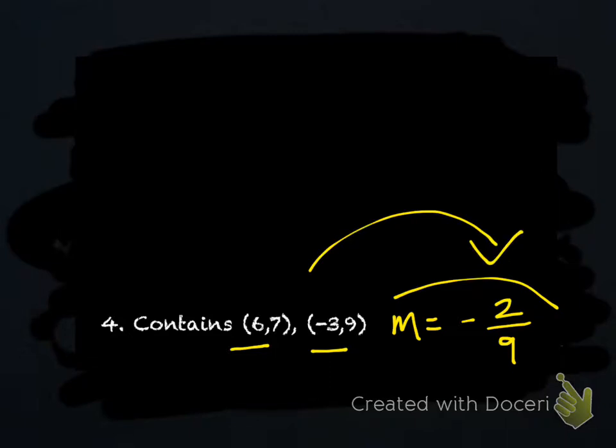Now, in this case, normally it doesn't matter, but when I have a fraction slope, I want to pick an x value, because remember when I plug this in, there's going to be an x next to it. So I'm going to have to times that x, which is going to be one of these guys. One of these is probably going to work a little bit better with the slope.